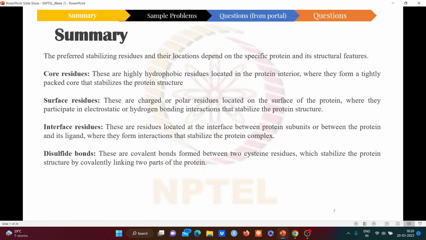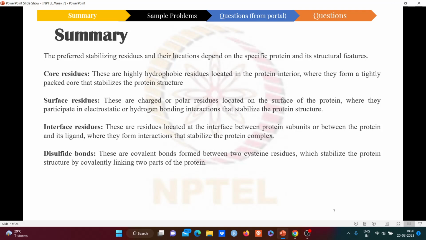Next is the interface residues. So what is the difference between an interface and a surface is, interface is a subset of surface. So when two proteins interact with each other, the interaction part or where they bind is called an interface. So these interface residues are located between protein subunits or between protein and its ligand, where they form interactions that stabilize these complexes.